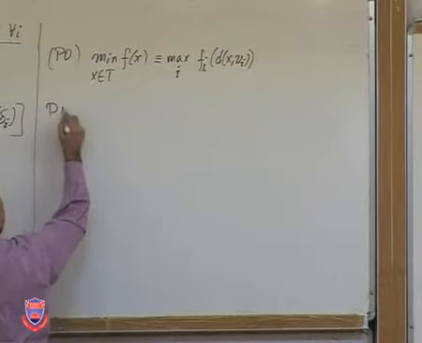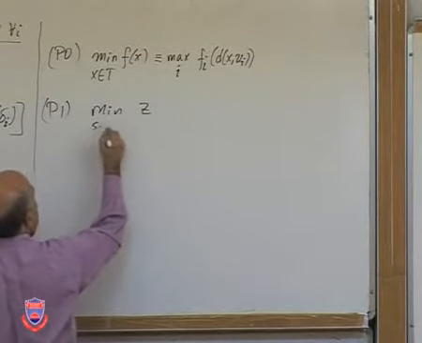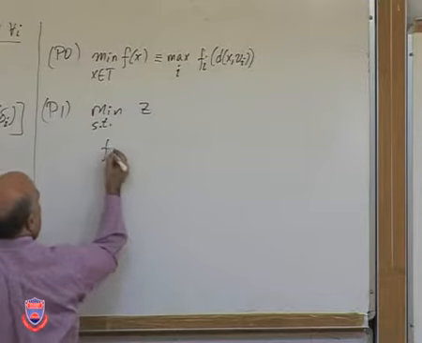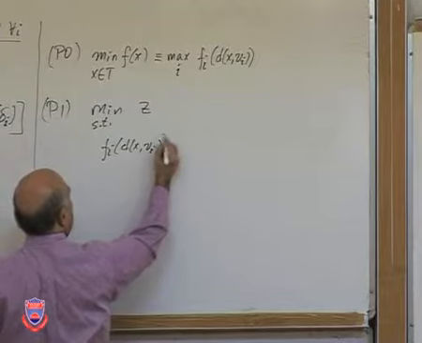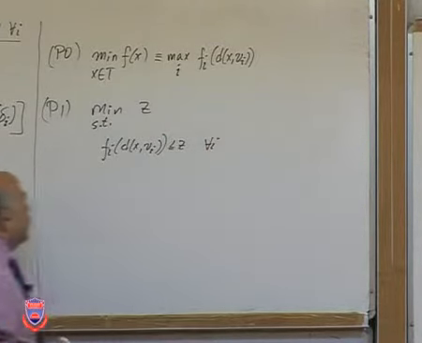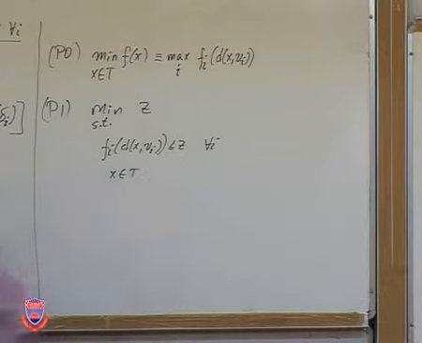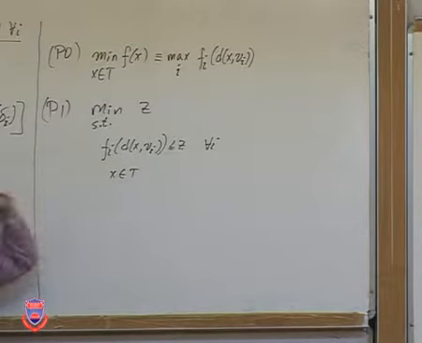And let's just call P1 the minimization of z subject to every loss function being less than or equal to z. Later on, I might drop the set restriction here, but just keep that in mind, okay? It's there all the time.